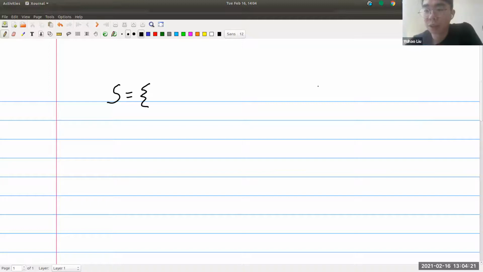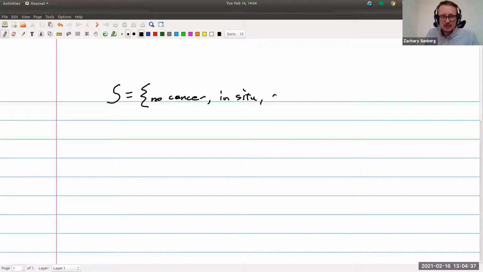We think the state might be the stages of the cancer. Yeah, okay. I think that's a good representation or a good thought. In situ, or what was the other one? Invasive. Invasive, yeah. So that would definitely be a good representation for a small state space.